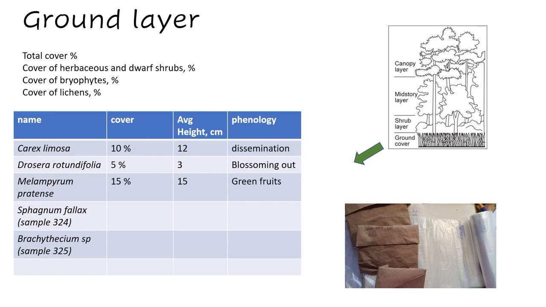The ground layer is presented by dwarf shrubs, all herbaceous vascular plants like sedges, grasses, etc., and mosses, the moss layer, which we put as bryophytes, as we put sphagnums and green mosses together.